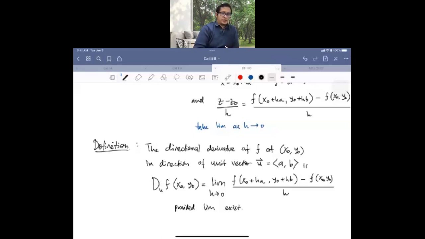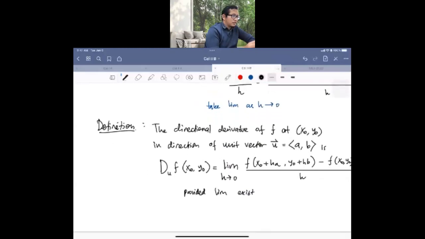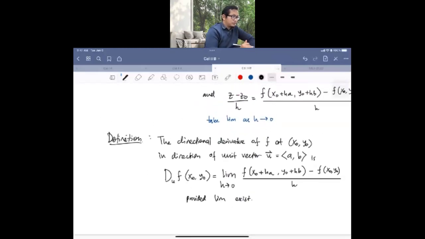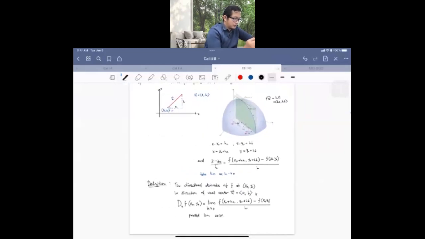Now from this definition, we can further prove that this relates to each of our partial derivatives, partial x and partial y.